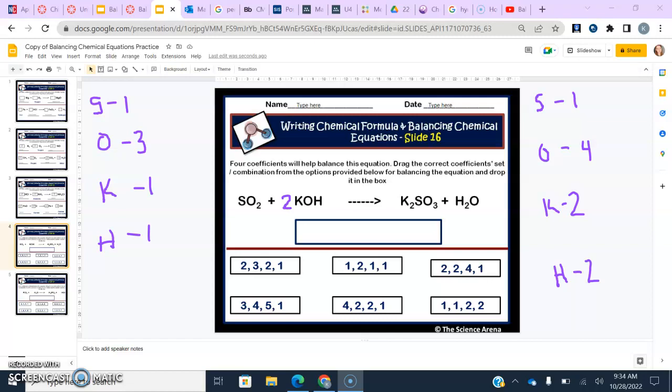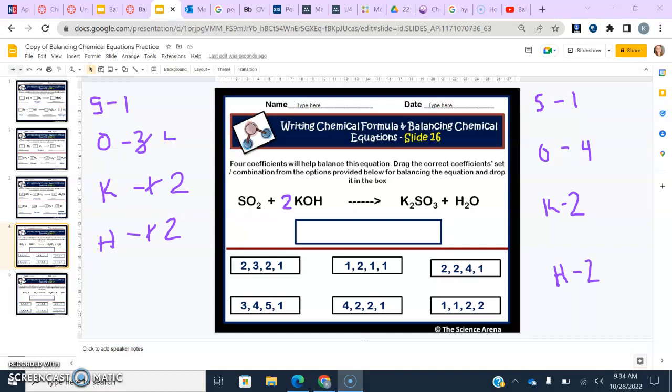But we got to make sure that we are updating as we go along. So now our potassium is 2. Our hydrogen is 2. And now our oxygen is 4 because we added an extra 1 to this one. So 2 times 1 for the oxygen is 2, plus 2 is 4.